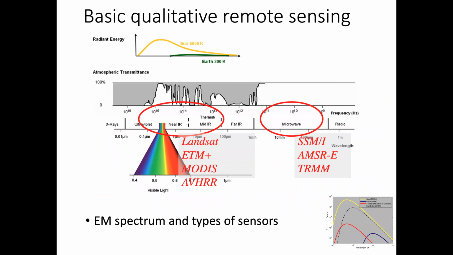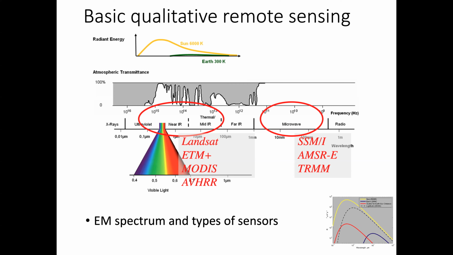To explain the electromagnetic spectrum a bit more, the top graph shows a squashed version of Planck's curve, what we looked at in the previous slide. The electromagnetic spectrum ranges from X-rays all the way on the left at the shortest wavelengths, or the most energy, to the radio at the longest wavelengths, or the least energy, on the right side of the graph.